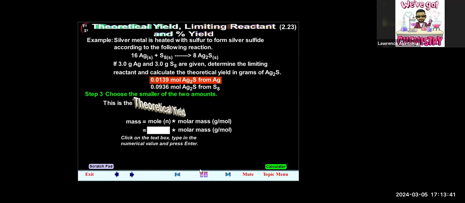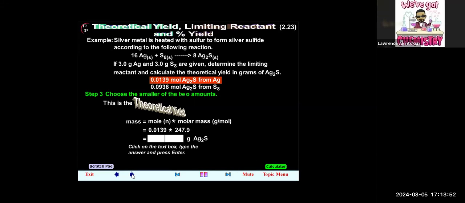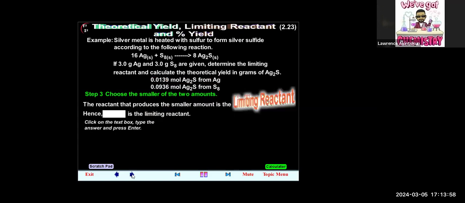It is equal to the number of moles, right there in the question, times the molar mass of Ag2S. That will give you the theoretical yield. So what is the limiting reactant in this case?